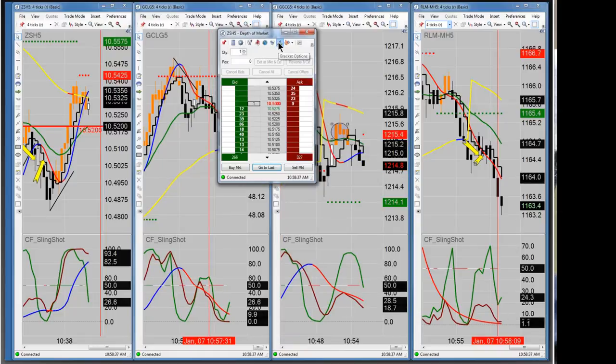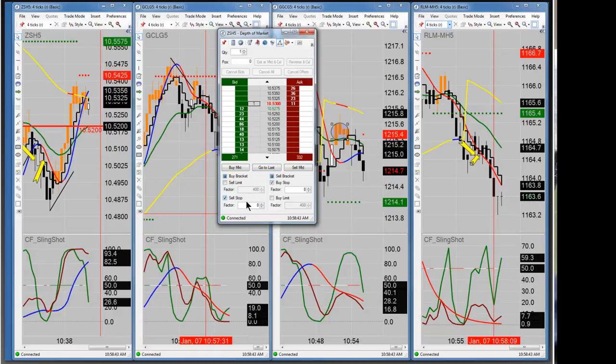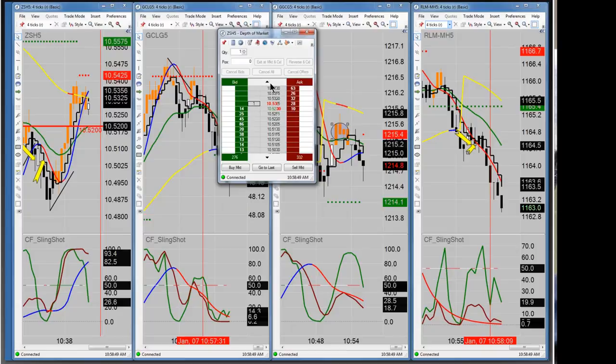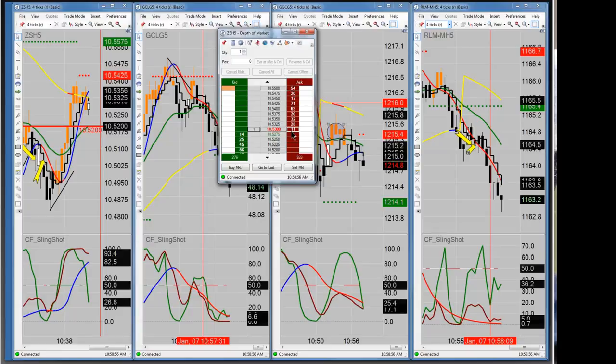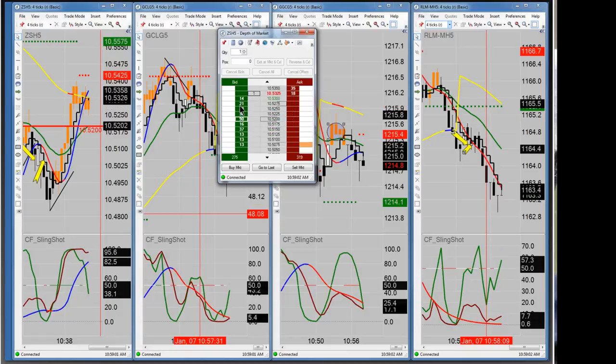I don't use hardly any of the features that are available in the DOM, but what I do use to automatically put... it's the depth of market, and basically what it's showing is where the current price is and the number of contracts at any given price.